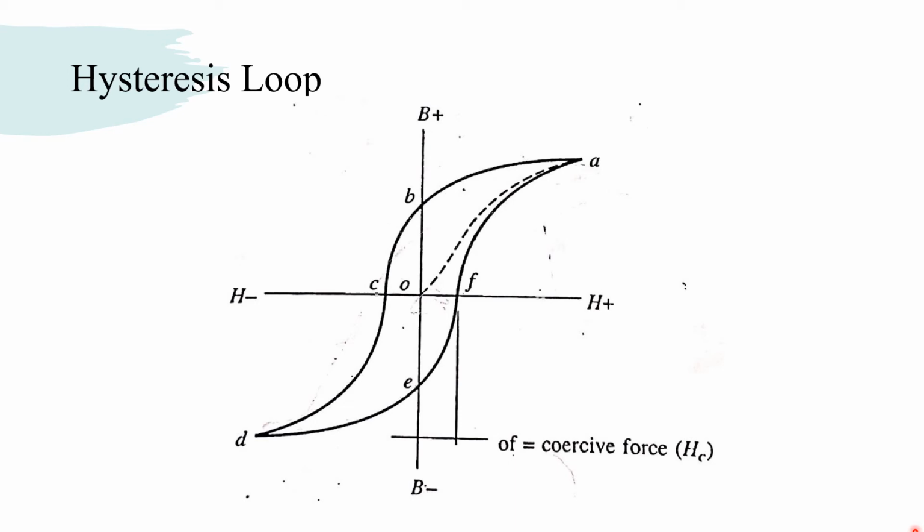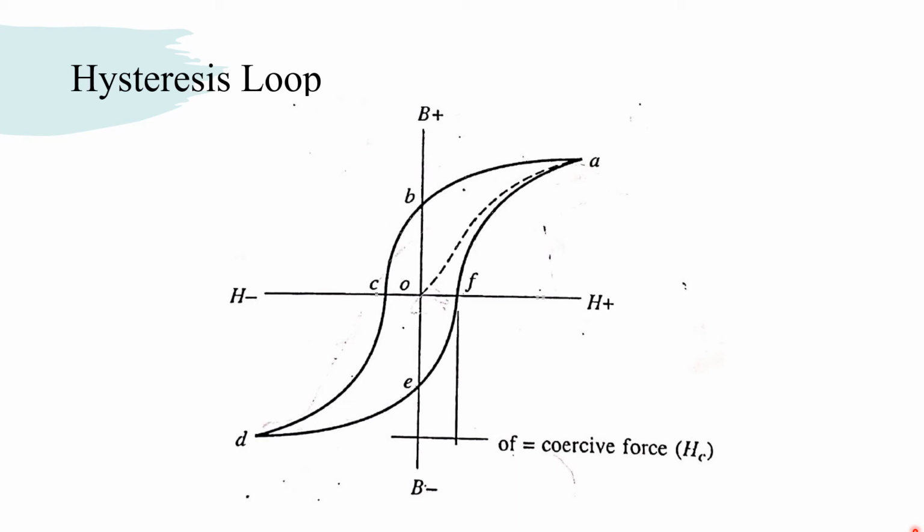As the line demonstrates, the greater the amount of current applied, H plus, the stronger the magnetic field in the component, B plus.